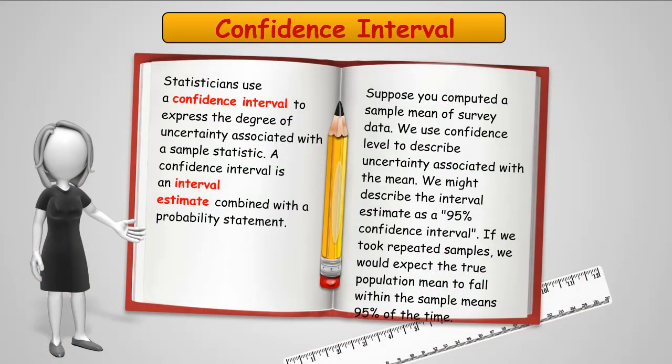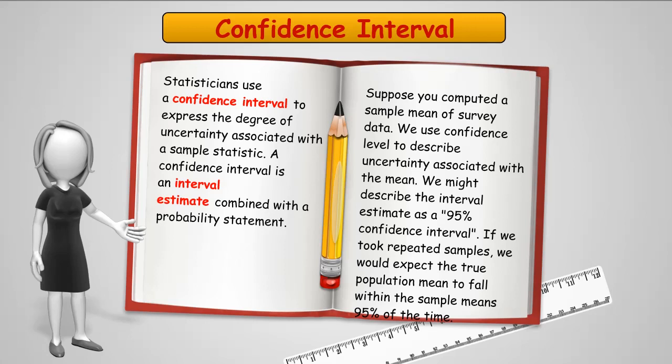In statistics, we use something we call the confidence interval to express the degree of uncertainty we have associated with any statistic related to a sample. It's an interval estimate combined with a probability statement. So say, for example, we're taking a survey of who you're going to vote for president.